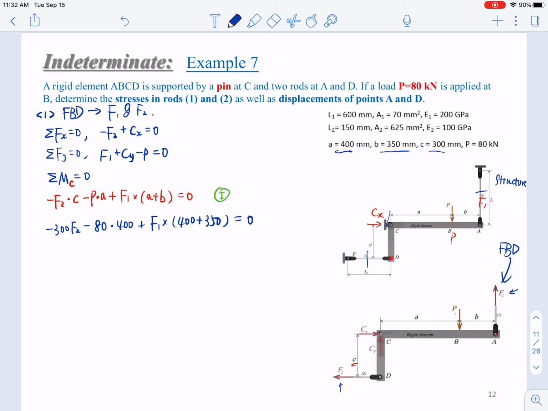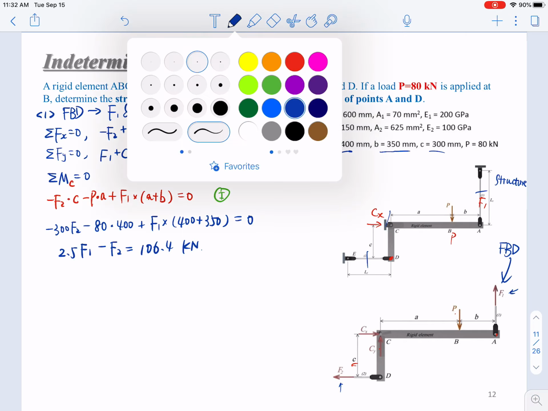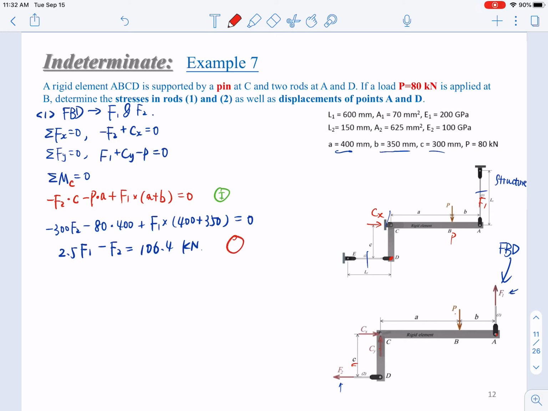Okay, so here we can derive that 2.5 F1 minus F2 equals 106.4 kilonewton. Okay, so this is our equation 1. This is the effective equation 1 that we will use to solve F1, F2 later.